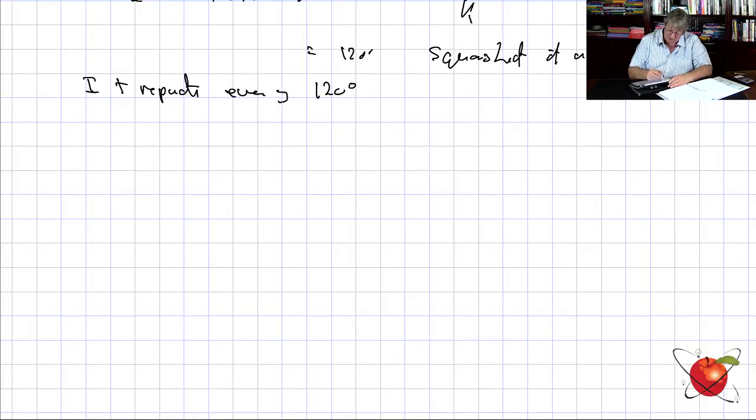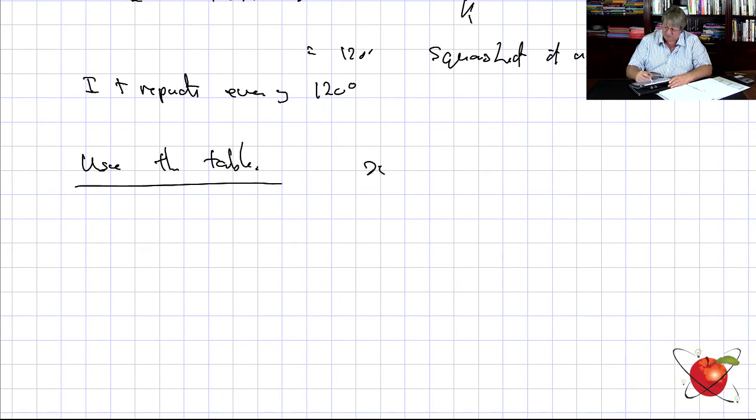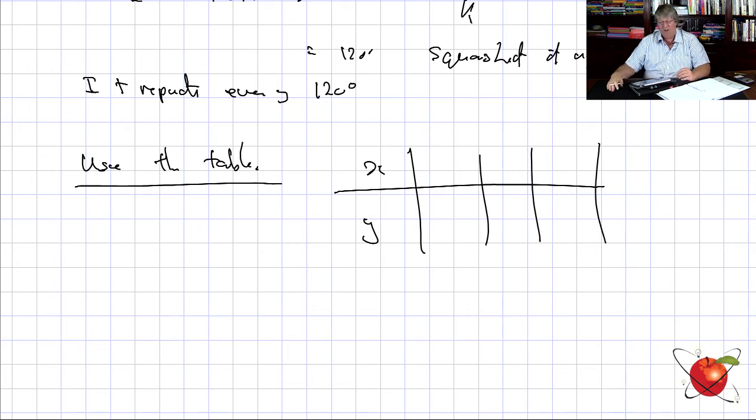But just remember, use the table of X and Y. That is just a perfect way of doing it. All you've got to remember is plot your graphs. Keep your wits about you, but you've got the step function in here.